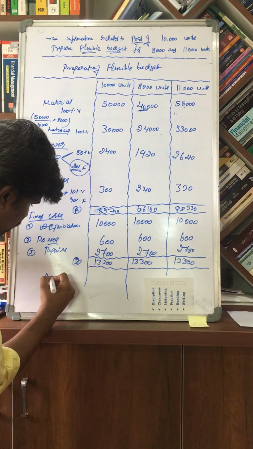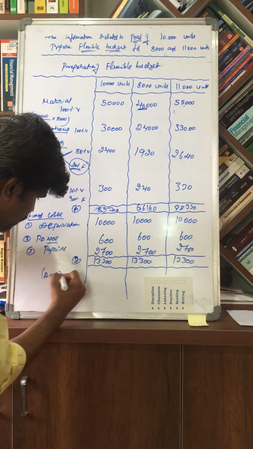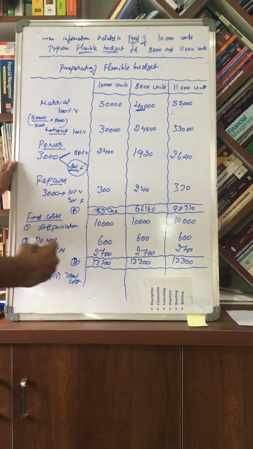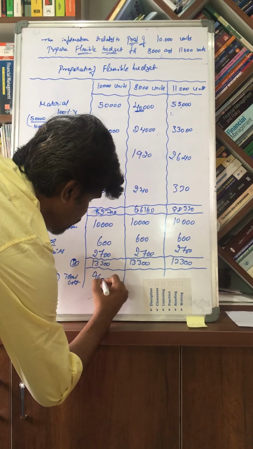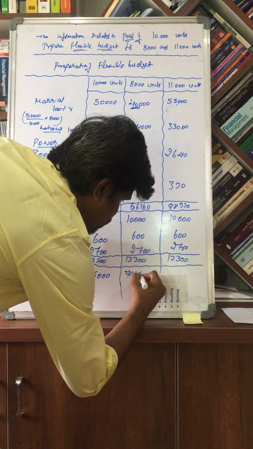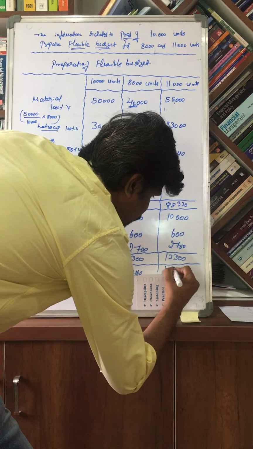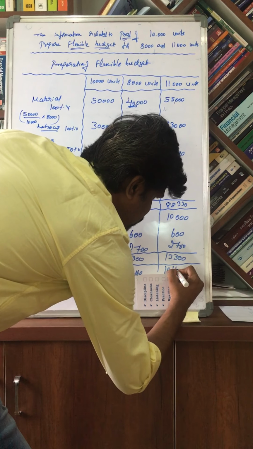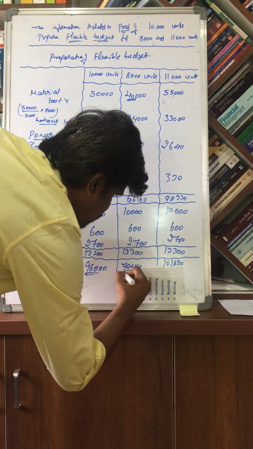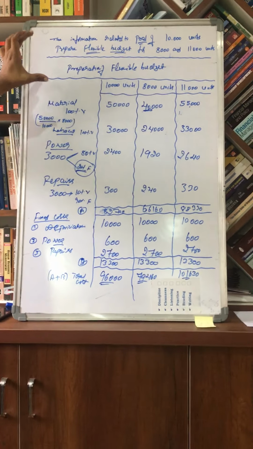We have to add A plus B, that is the total cost. That is 96,000, 79,460, and 1,630. This is the solution for this problem.